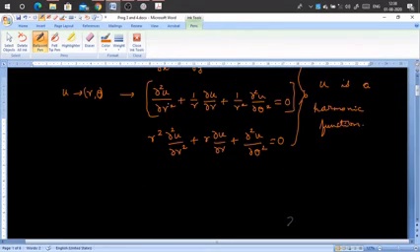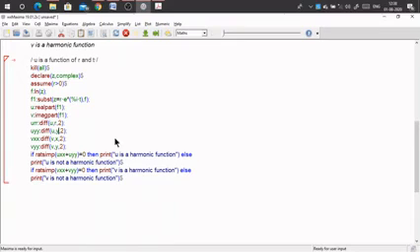We need dou square u by dou r square, dou u by dou r, and dou square u by dou theta square. So we need urr, we also need ur as well, which is basically differentiation of u with respect to r. You need not take the 2 there, you need not change it as 1, and we need utt, right?